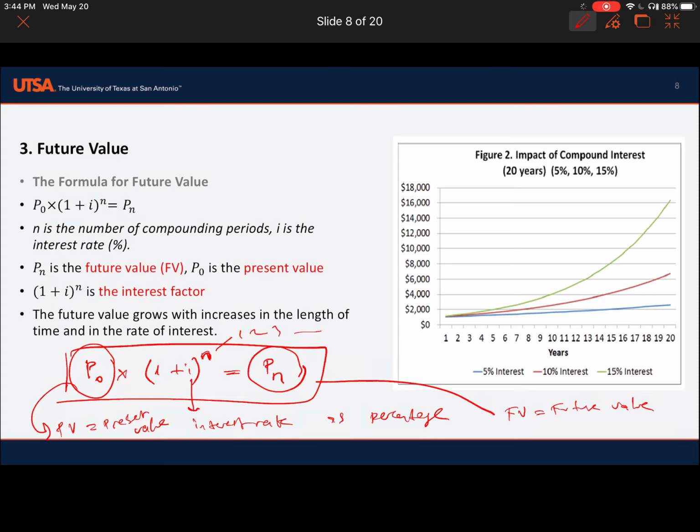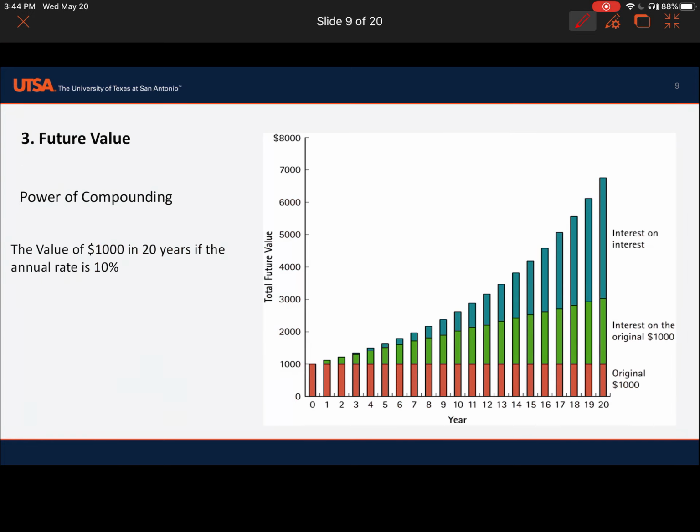The future value grows with increases in the length of time and in the rate of interest. As you see, the increase is exponential because we have compound interest. This is the impact of compound interest. It's not linear. Here is the value of 1,000 in 20 years if the annual rate is 10%.